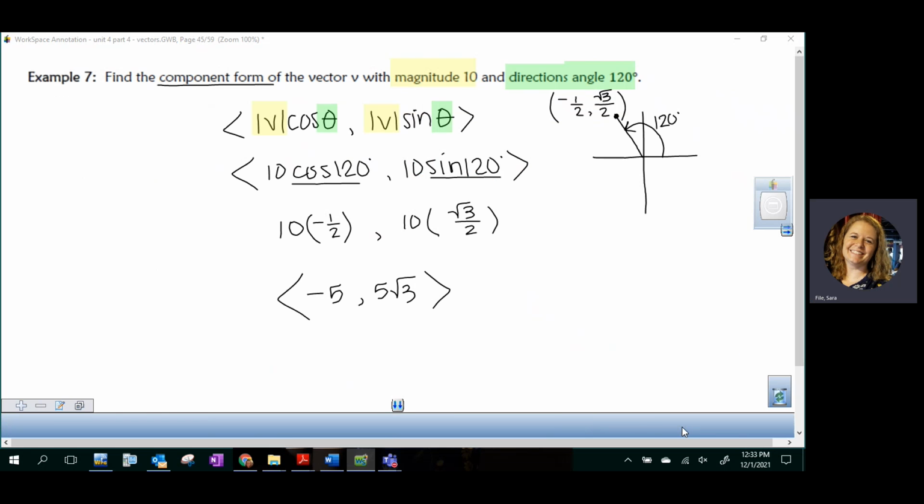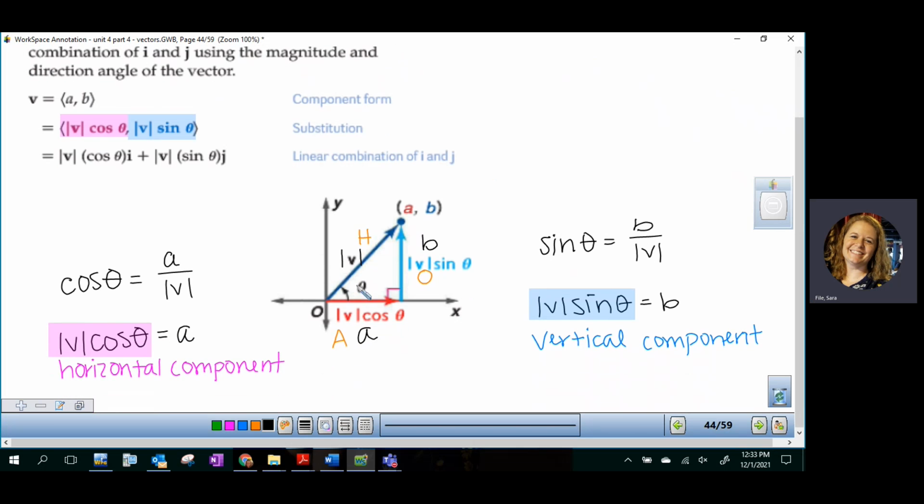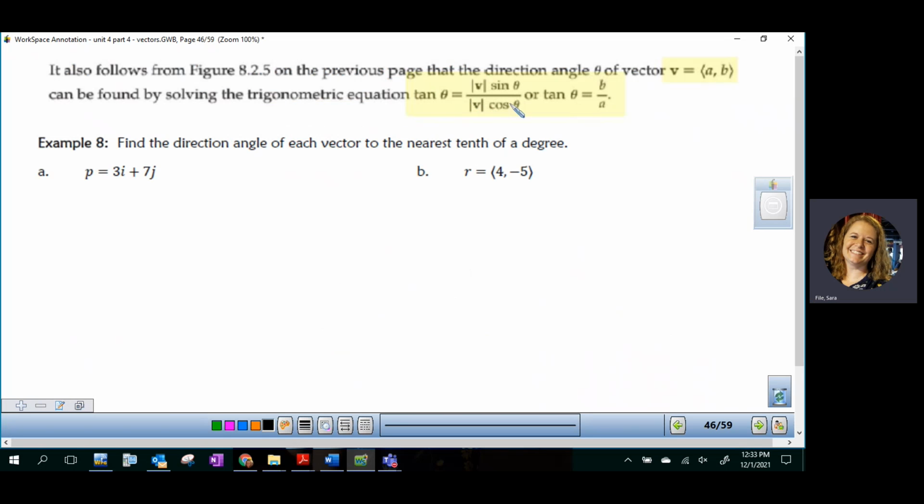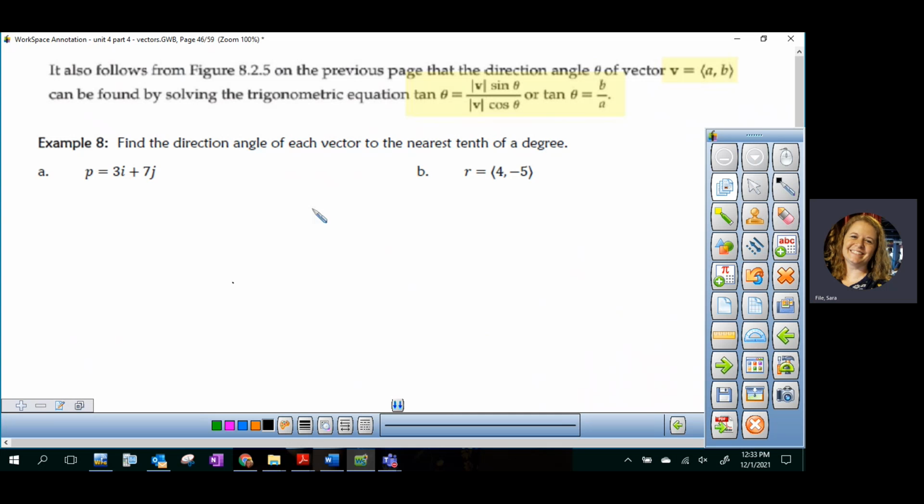In a triangle, if I want to find tangent of this angle, it's O over A. It's the vertical component divided by the horizontal, B divided by A. So that's what they're telling us here in this highlighted section. It's B over A, the magnitude times sine of theta over the magnitude times cosine of theta. So we're going to apply that knowledge to vectors.